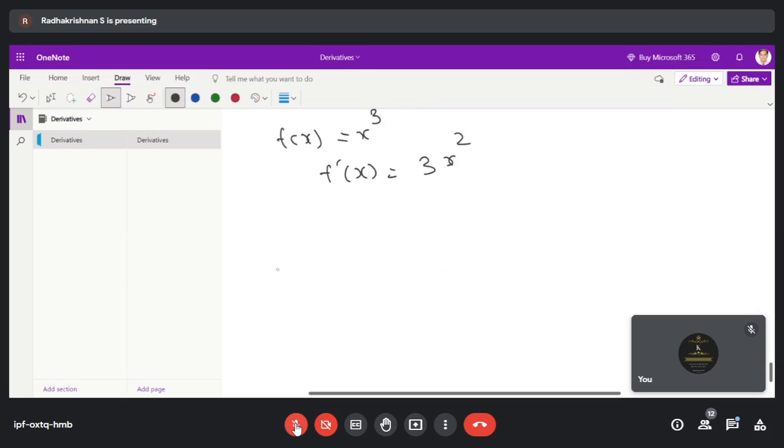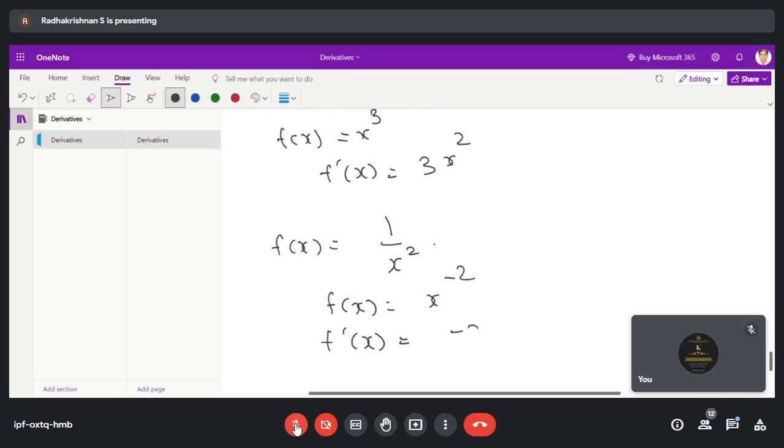For example, let us say f of x equal to 1 by x square. How will you differentiate it? You have to write this as f of x equal to x power minus 2. Here n is equal to minus 2, so you apply the same rule.